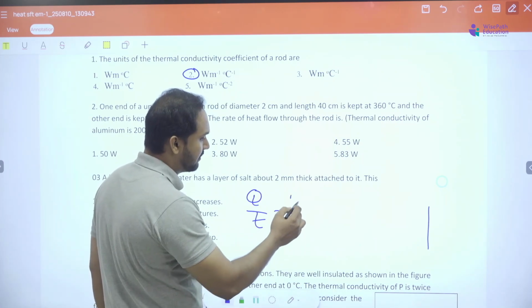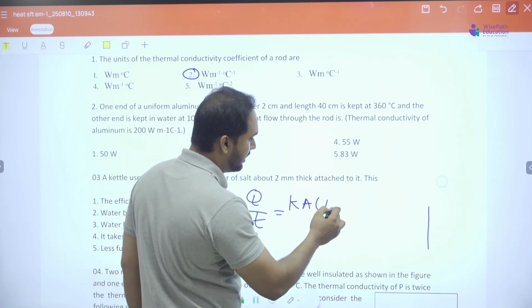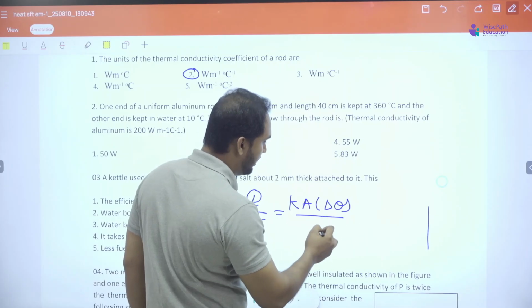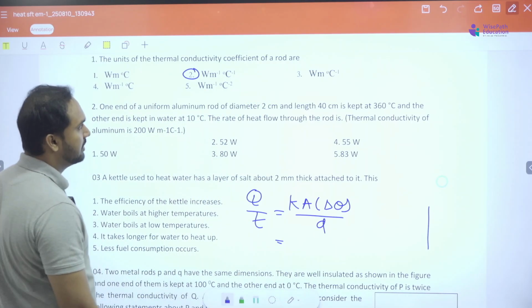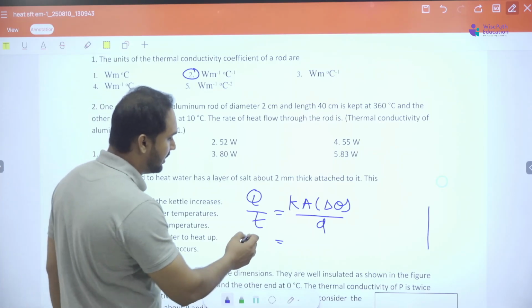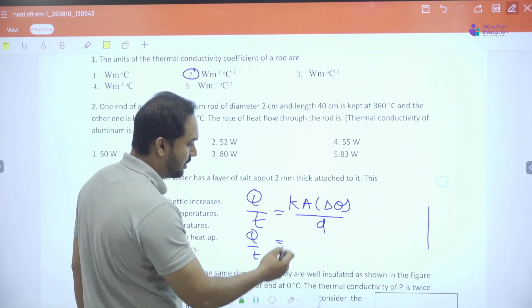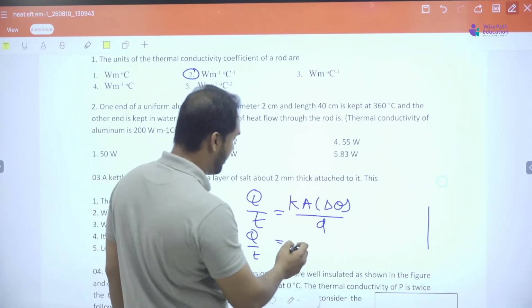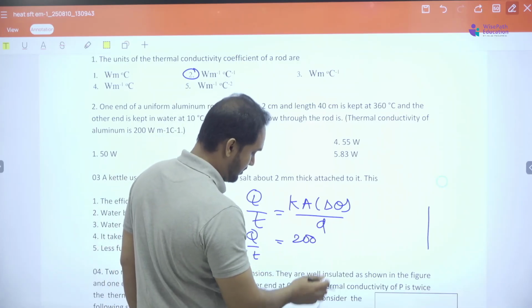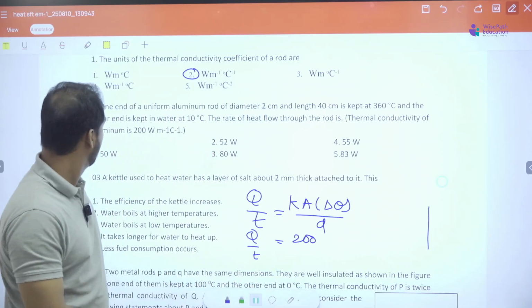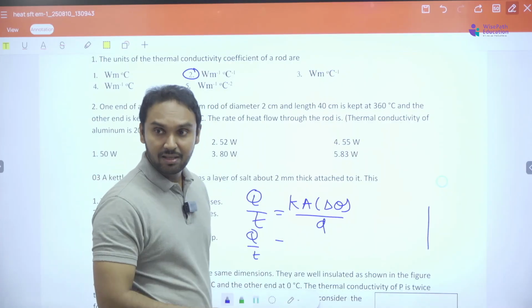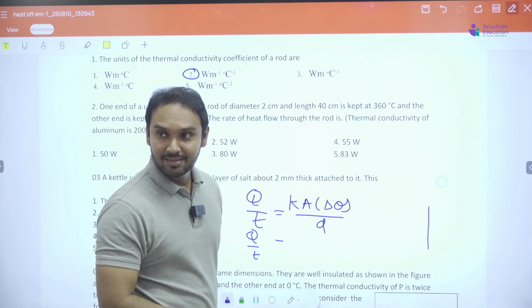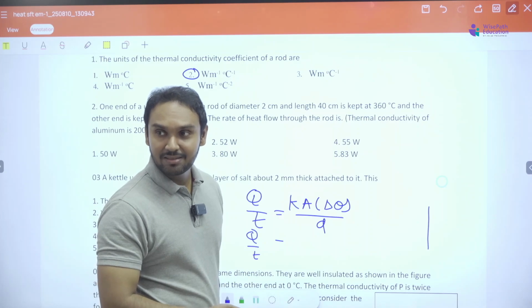So Q over T equals K A delta theta over D is the formula to apply. They are asking for the rate of heat flow, which is Q over T. You have to find this. Simplifying, K is 200, isn't it? Yeah, it's 200. What did you apply? 2000? You were so surprised, and I'm telling you 200.